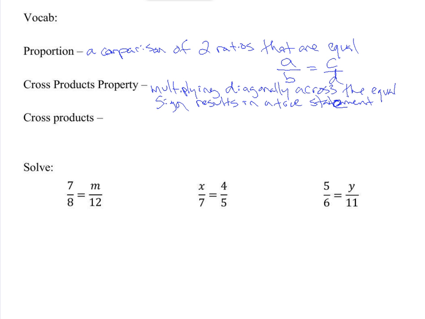You'll wind up with an equation. So if I take my standard proportion, what that means is I'm going to multiply A times D, that's diagonally across the equal sign, and I'll wind up with AD. Then I'll multiply my other diagonal, B times C, equals BC. There's your cross products for a proportion.